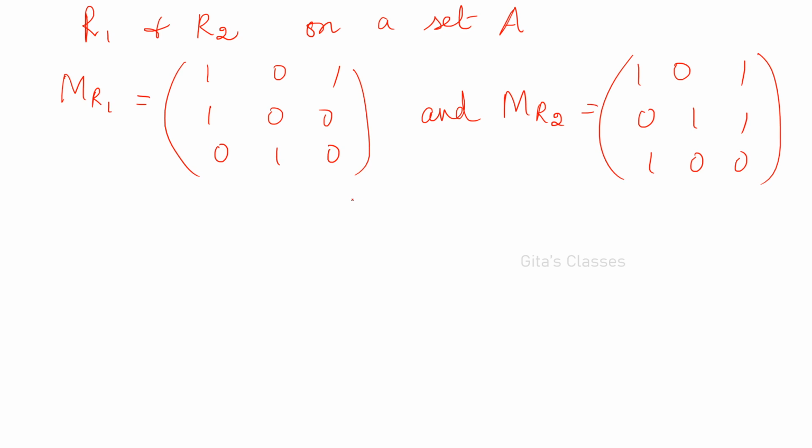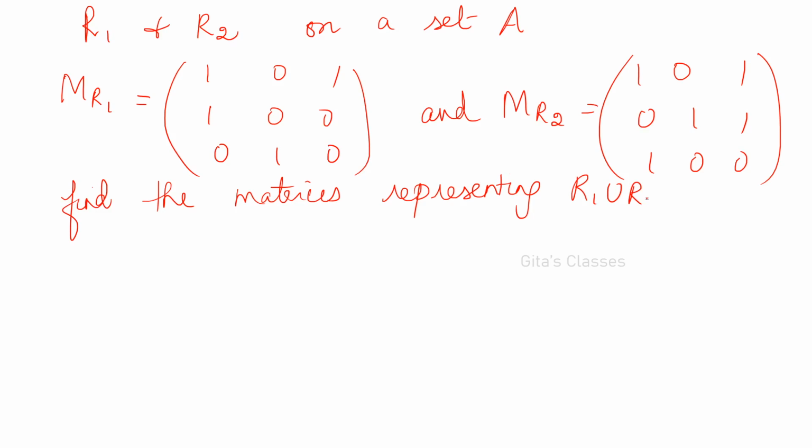This is the second matrix. Find the matrices representing R1 union R2 and R1 intersection R2. R1 is a relation given by the matrix MR1, and R2 is a relation given by the second matrix MR2.